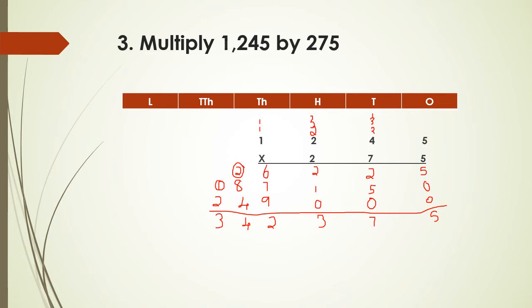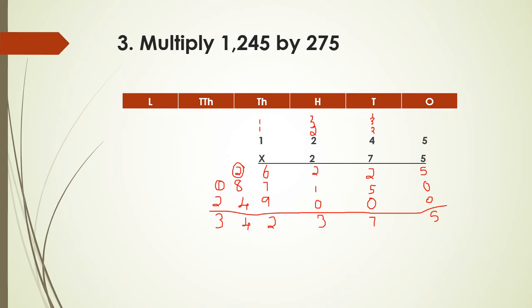Then 5 plus 1 is 6. So next step, you have to take the next number, that is 7. So 7 is in the tens place. So you have to place 0 in the ones place.